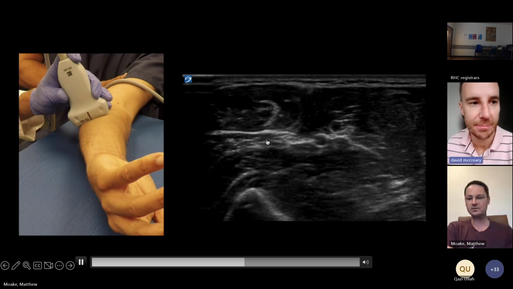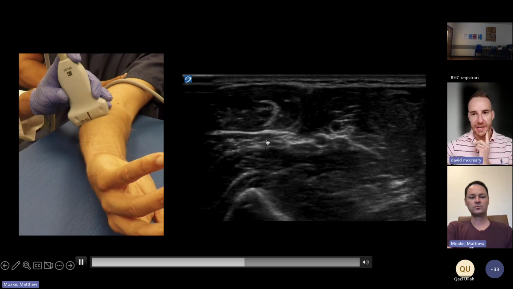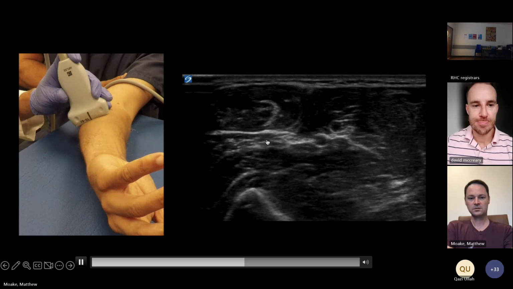Matt, sorry, it might just be me, but we're still on the slide with the ulnar block. For me, it's still stuck on halfway through the video for the ulnar. Same here. Same for a few people. Still stuck on that one.